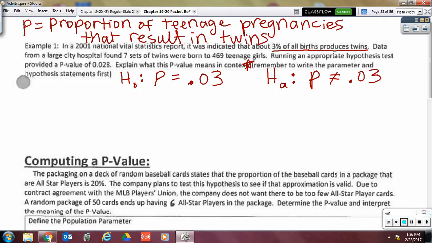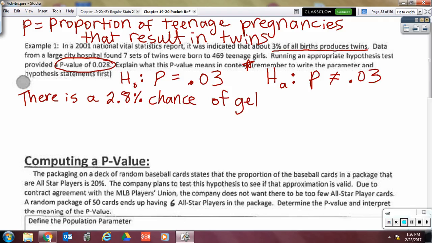All right, so now here's the new thing. You've already done that stuff before. Here's the new thing. We have a p-value of 0.028, and here's what that means. The p-value is the what? Okay, so there is a 2.8% chance, that's the probability of getting this sample or something more extreme.